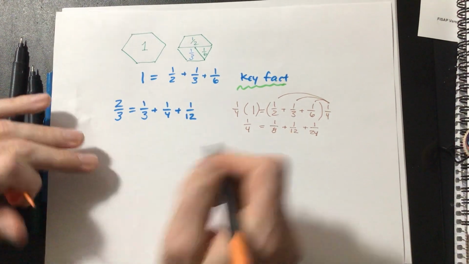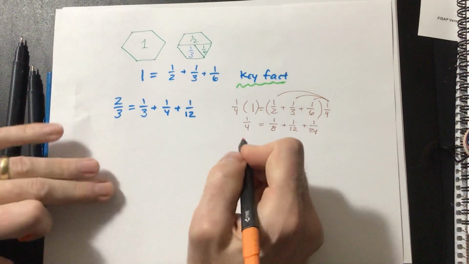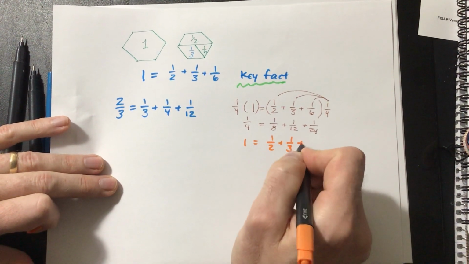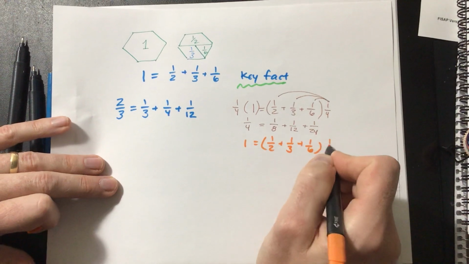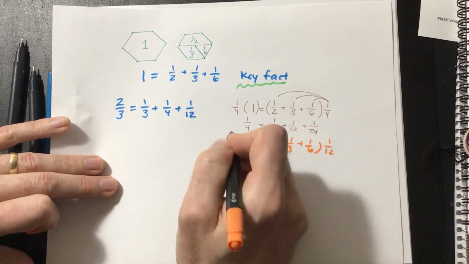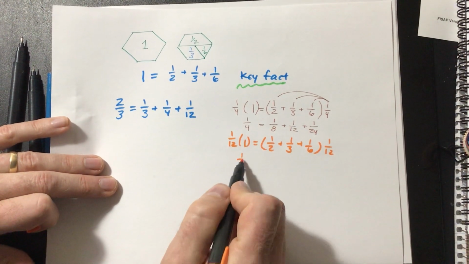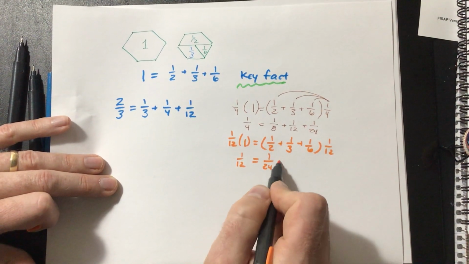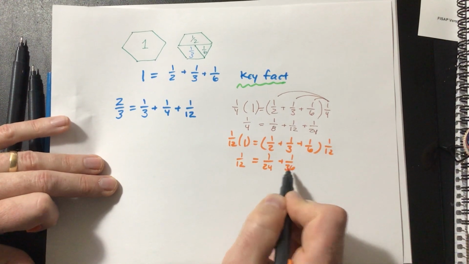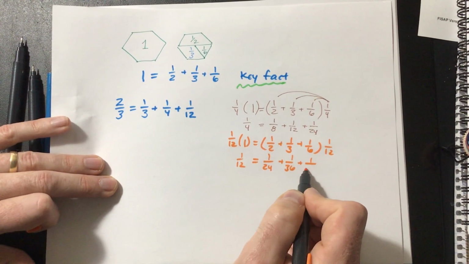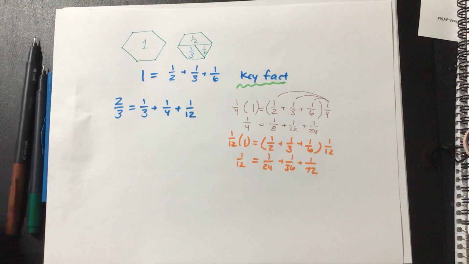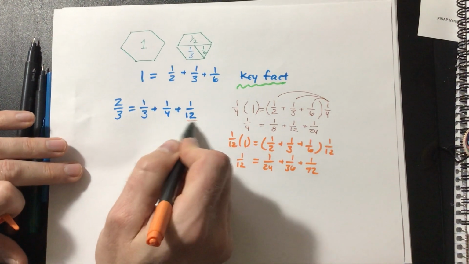I could also take my key fact and multiply both sides by 1/12. That would give me 1/12 equals, and when I distribute the 1/12, I get 1/24 plus 1/36 plus 1/72. Okay, so why am I saying that? Well, do you see how we have a 1/12 right here?